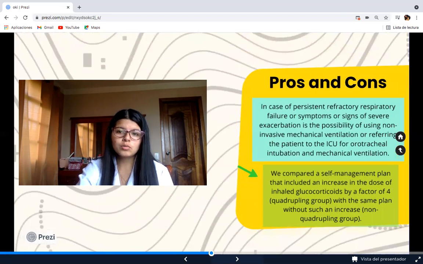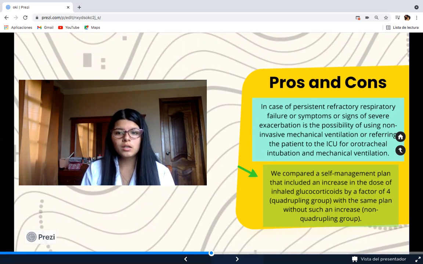Pros and cons. Pros. In case of persistent refractory respiratory failure of symptoms or signs of severe exacerbation, there is the possibility of using non-invasive mechanical ventilation or referring the patients to the ICU for orotracheal intubation and mechanical ventilation.